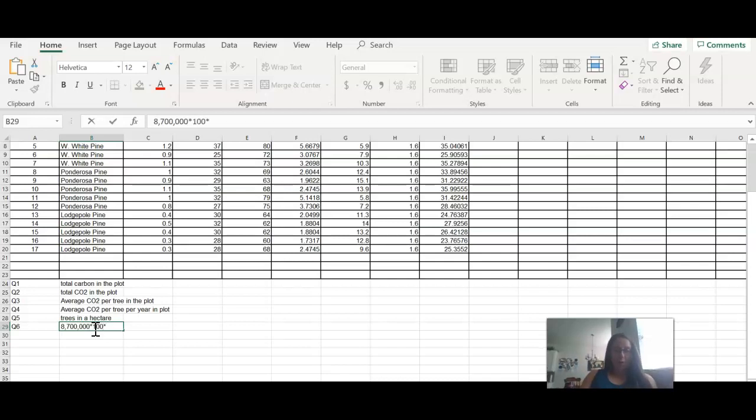And then we need to multiply times the total carbon dioxide that is sequestered on our plot. That value is the answer for question 2. So whatever your answer is for question 2.